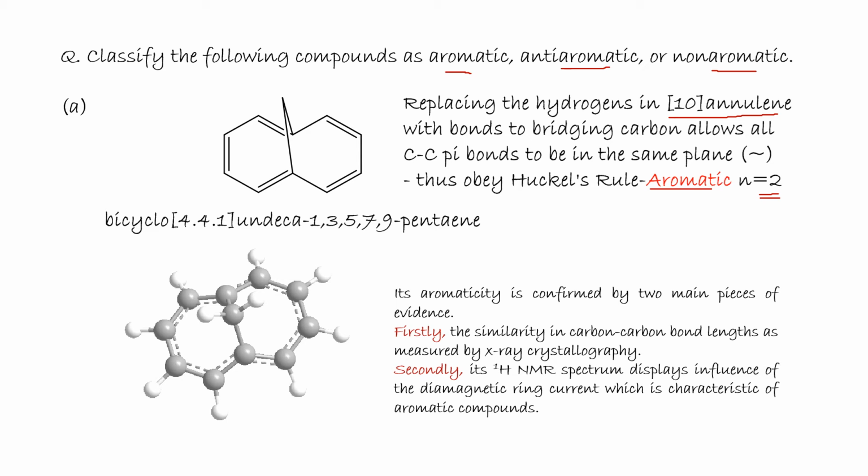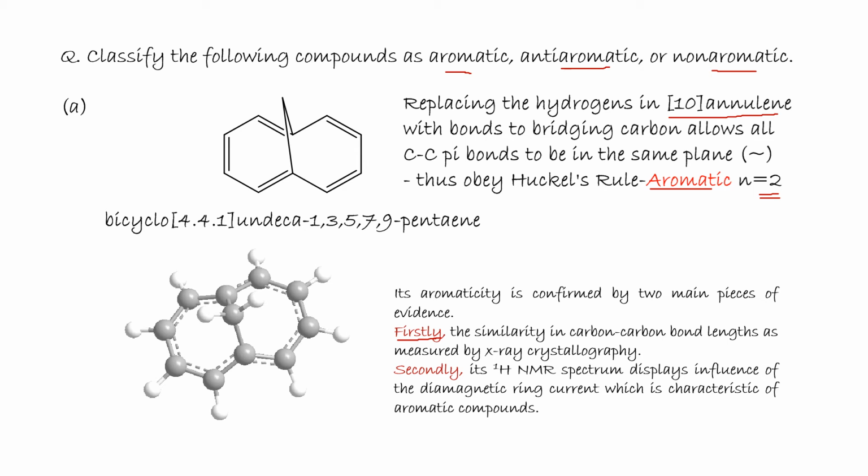Its aromaticity is confirmed by two main pieces of evidence. First, the similarity of carbon-carbon bond length as measured by X-ray. We said if it's delocalized, it's neither a carbon-carbon single bond nor a carbon-carbon double bond.